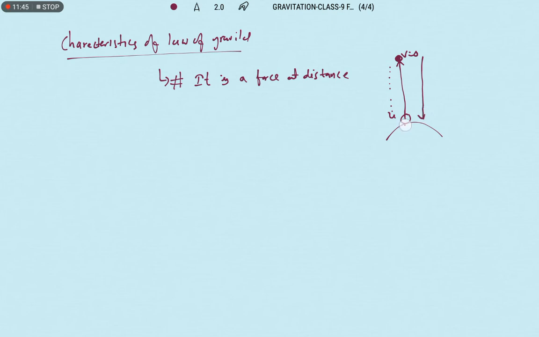That means even though there is no contact between the object and the earth, the force pulls the body always in the downward direction. That is the meaning of a force at a distance. Whatever the distance between the objects, a force of gravity or attraction will exist between the bodies.